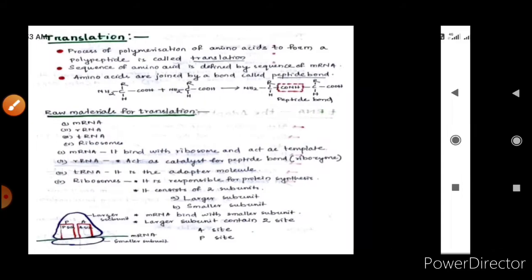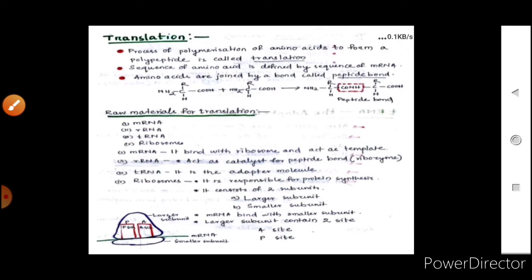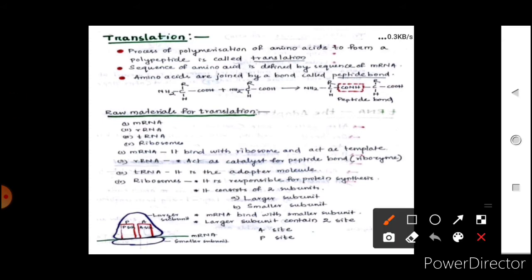Okay. So now we come to the process, that is the translation. Translation is the process of polymerization of amino acids to form a polypeptide and is called translation. Now the sequence of amino acids is defined by the sequence of messenger RNA.